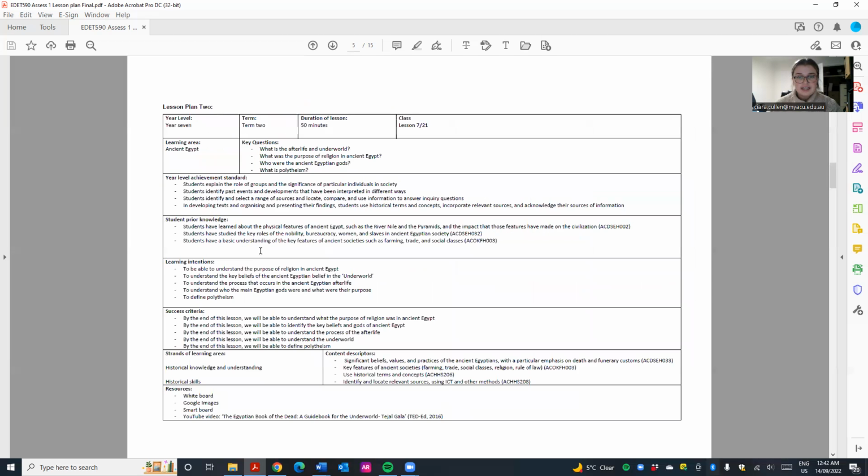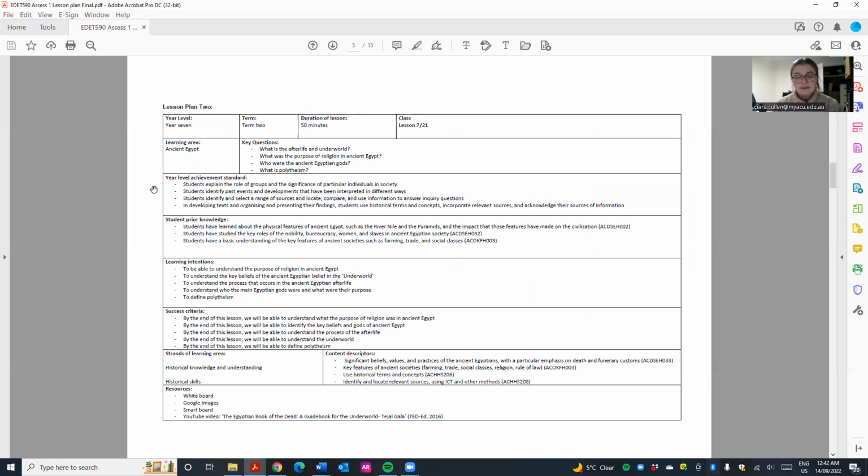So moving on to the second lesson. The second lesson is based on the curriculum content descriptor, just on the bottom right, significant beliefs, values and practices of the ancient Egyptians with a particular emphasis on death and funerary customs.